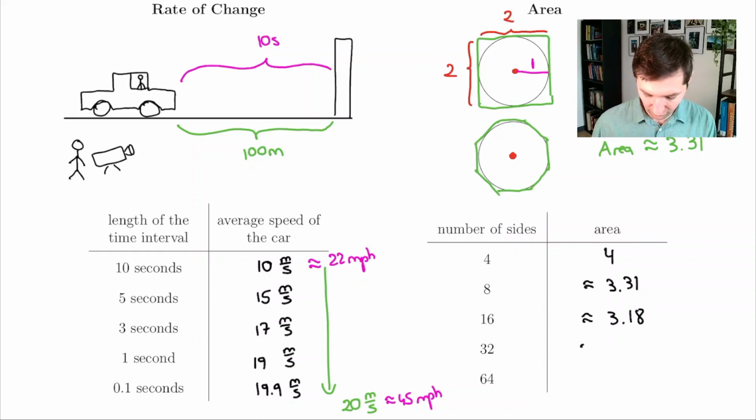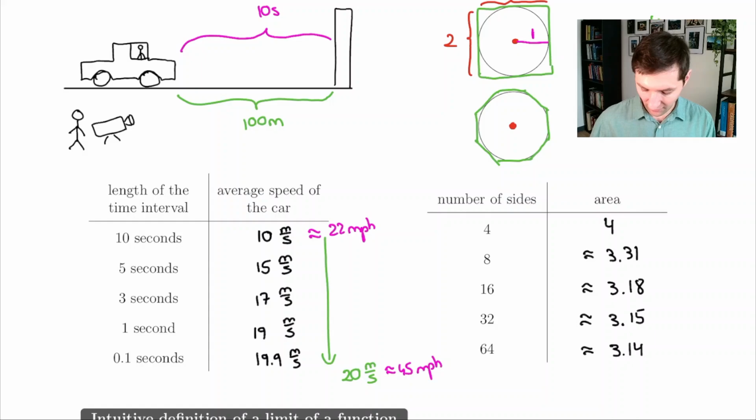With 32 sides, I got approximately 3.15. With 64 sides, I got approximately 3.14. Again, you created a sequence, and that sequence appears to get closer and closer to the value of pi, which suggests that the area of the circle is pi.